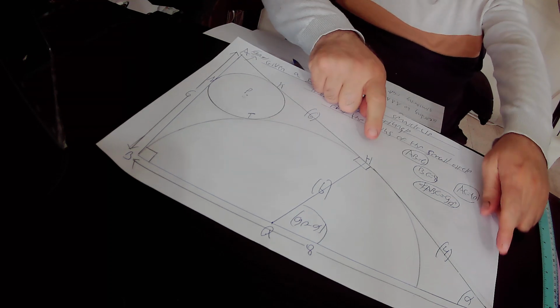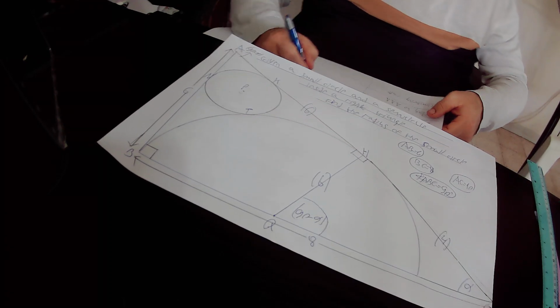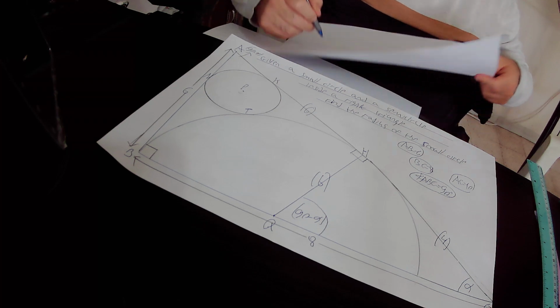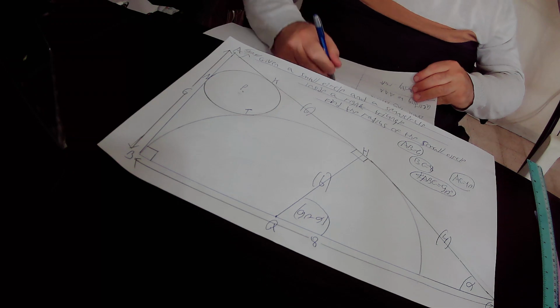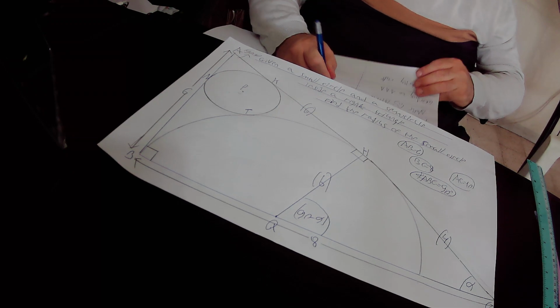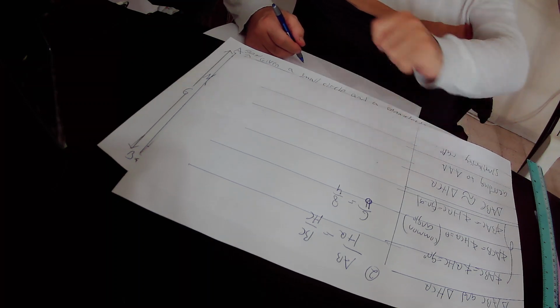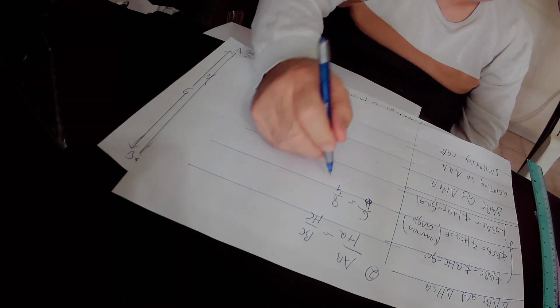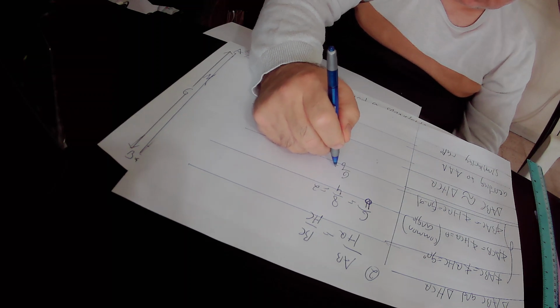HC equals 4 according to what we already found out. So in total we found out that 6 over B equals 8 over 4. 8 over 4 is 2. So 6 over B equals 2.